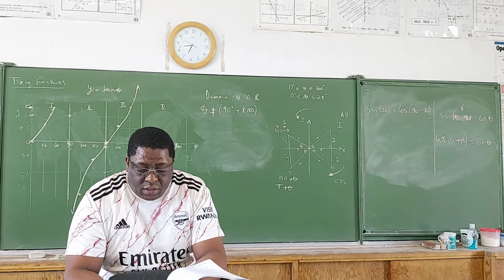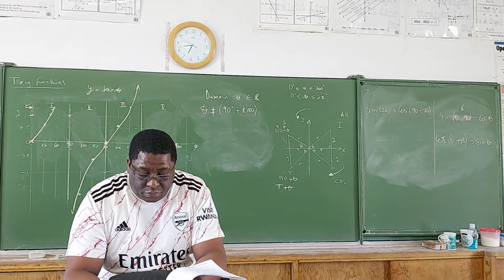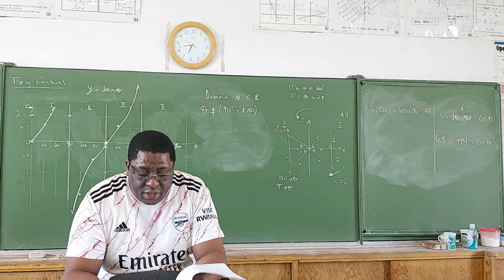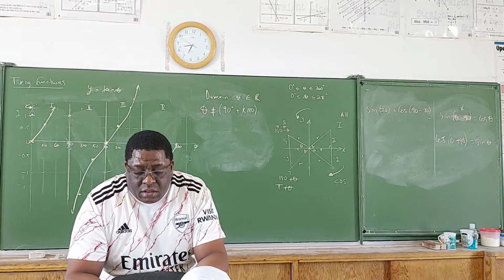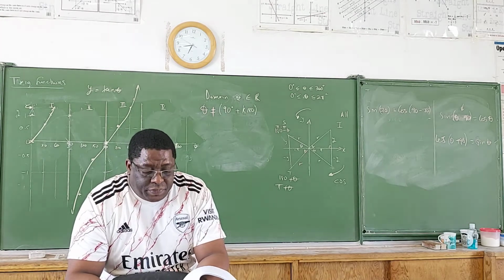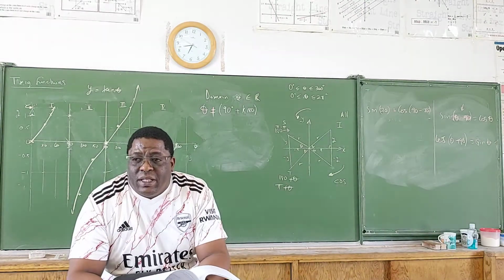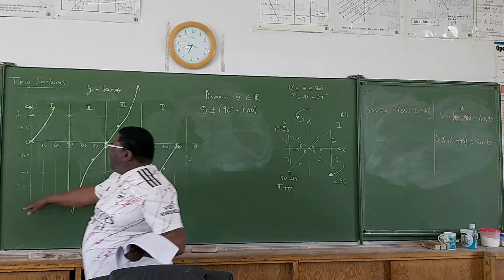Y equals tan theta. You see that y equals tan theta. They are saying there the period is 180 degrees. The asymptotes are plus or minus 90, plus or minus 270. And then you are given the range. Y is an element of all real numbers. The range is this value here.